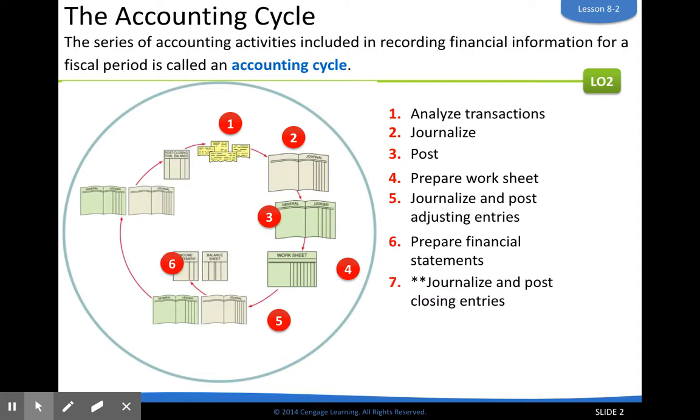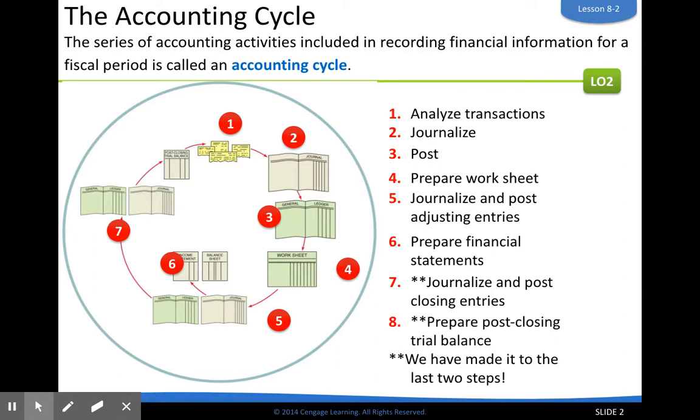Then in chapter 8, we're going to journalize and post closing entries, which is what we're doing right now in lesson 8-1. And then we are going to prepare something called a post-closing trial balance. These are the last 2 steps of the accounting cycle that we are going to get to in lessons 8-1 and 8-2.